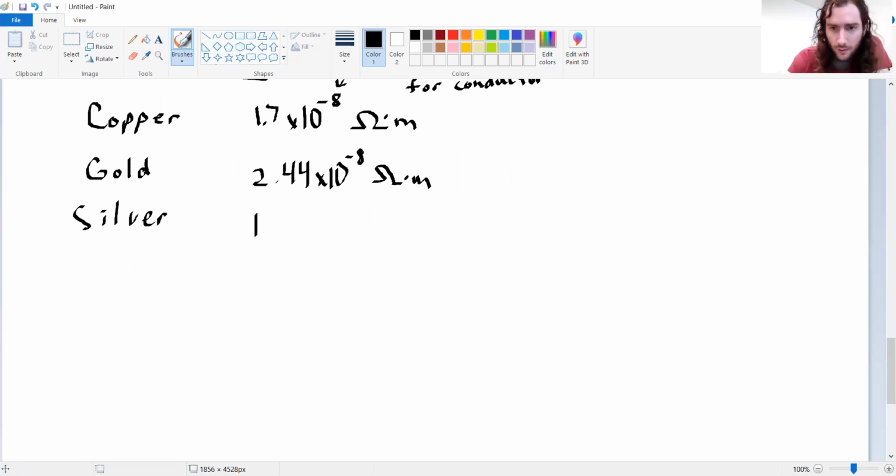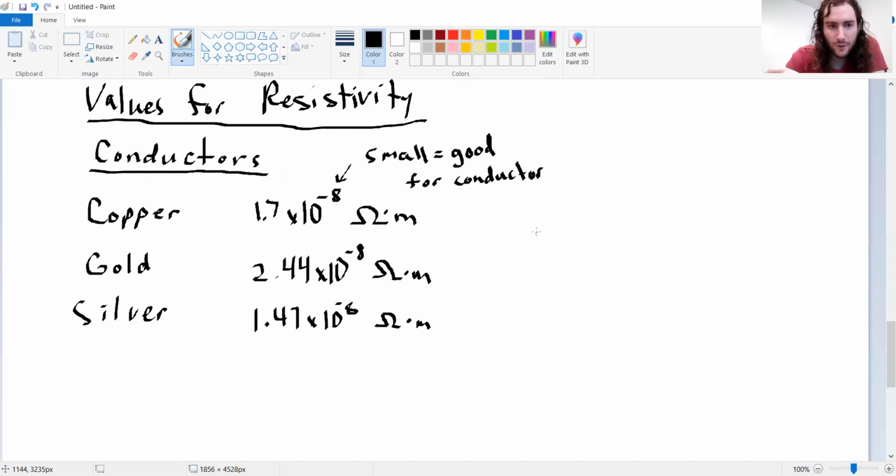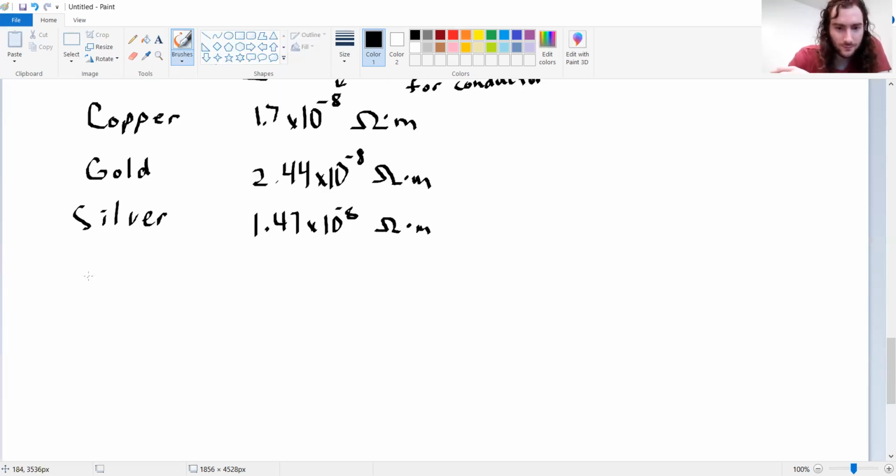It's roughly 1.5, 1.47 times 10 to the minus 8. So you can see silver is a better conductor than copper, and copper is a better conductor than gold. So the smaller the resistivity, the smaller the resistance is going to be if you make a wire out of it. So that's what we'll look at for conductors.